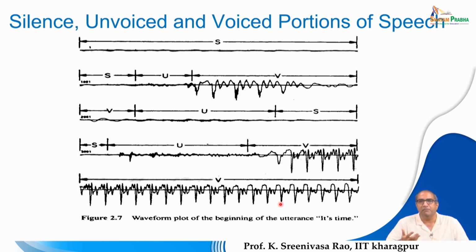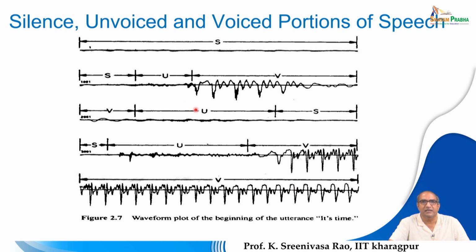Then, according to the shape of the vocal tract, the appropriate resonances will be excited, and those resonances will be superimposed on these pulses. That results in a signal like this. So if you observe periodicity in the time domain signal, it means the signal is voiced speech, a result of the voiced excitation.